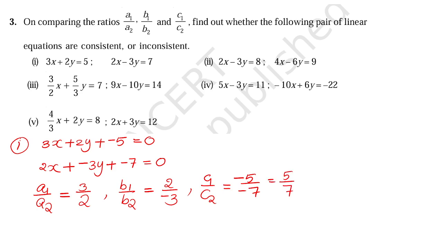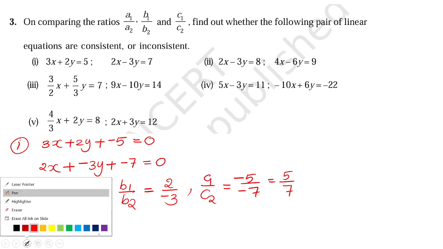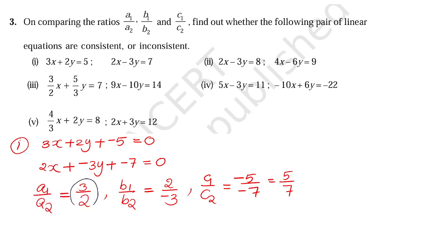Which condition satisfies? I will tell you. The first ratio, 3 by 2, is 1.5, correct? What is this? This is minus of some number. The first ratio and second ratio are not equal. Clear? In this question, the first ratio is positive, the second ratio negative.